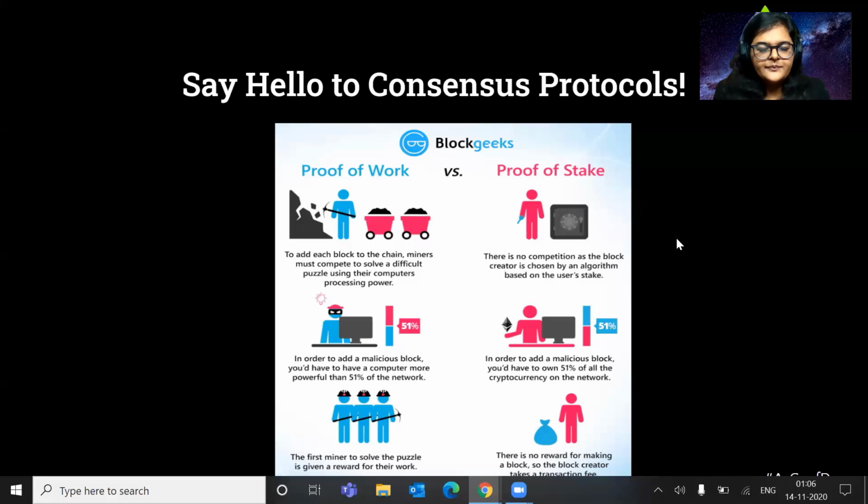These set of rules that define what is the core functionality of a particular blockchain network that has attracted everybody to join that particular ecosystem or network is known as consensus protocols or consensus algorithms. The consensus protocols broadly fall under two categories. The first one is known as proof of work, and the second one is known as proof of stake.